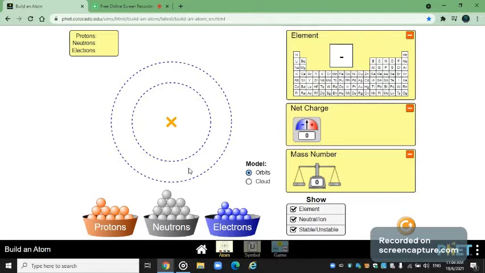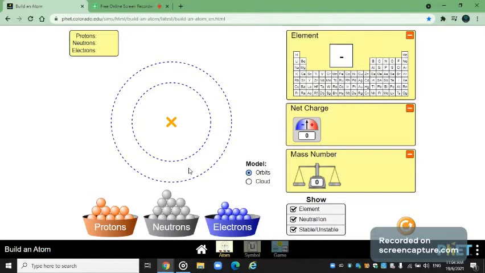Electrons, however, have a relative charge of -1 and a relative mass of 1 over 1840. That means it takes 1840 electrons to make up 1 proton.